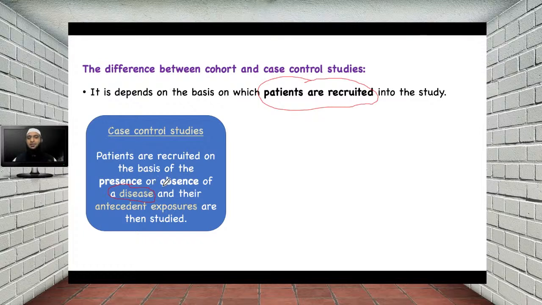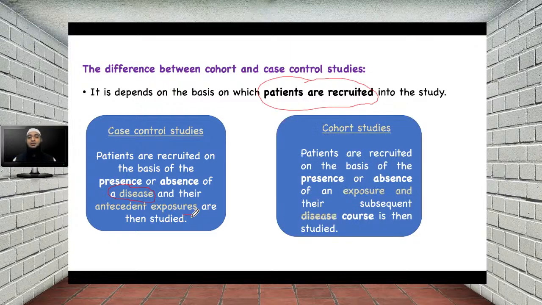They are already suffering from the disease, and now you are looking for antecedent exposures: whether they were exposed to the drug or not, whether they are taking a specific medicine, and whether that medicine produces the same disease in another population or not. That is what you study in case control studies.